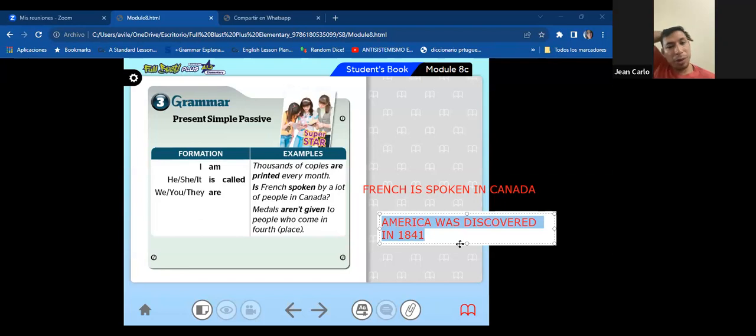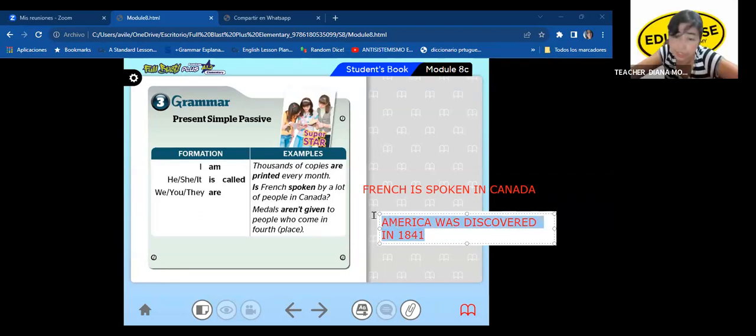It's more formal, teacher. Yes, it is formal. So at work, it works. En el trabajo sí funciona. All right, at work it works because, as I said, in a report, for example.